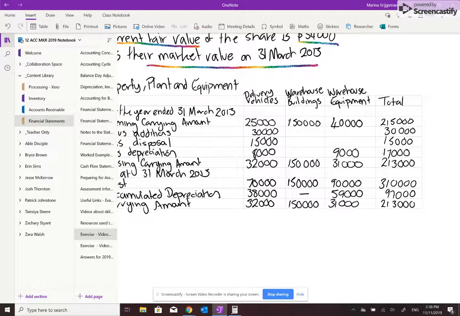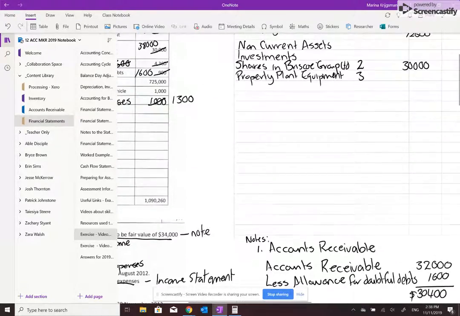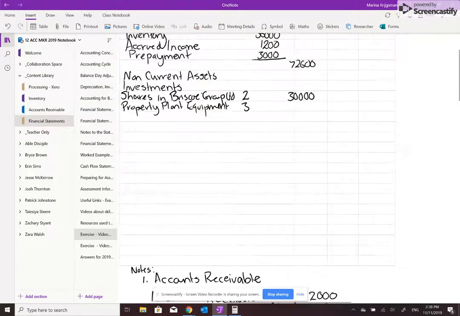Okay, we know we're right if these two are the same. Okay, and this is the amount that we're going to put in our statement of financial position. So we want the 213,000 to go in here.